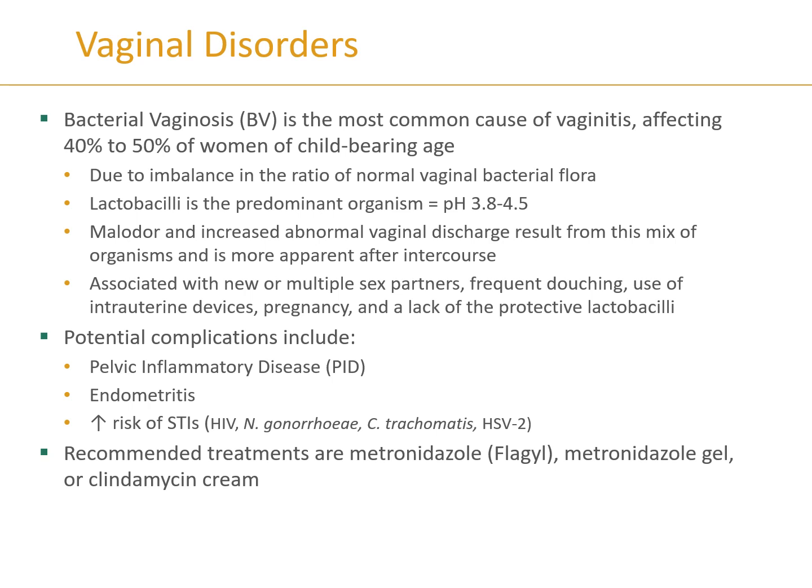You can also see this associated with new or multiple sexual partners, just because you're being introduced to different flora. Also with frequent douching, use of intrauterine devices or IUDs, pregnancy, or just by having a lack of that lactobacillus, so your normal flora has been decreased.